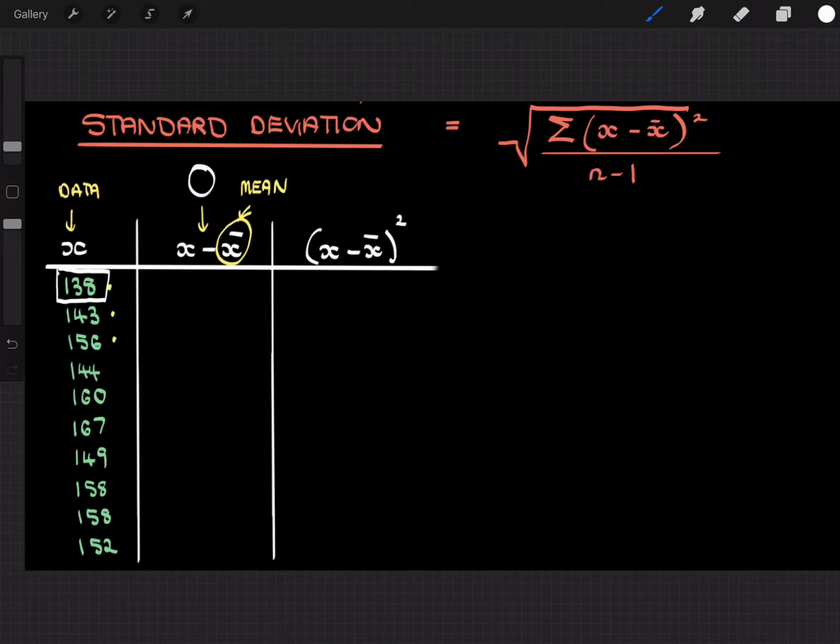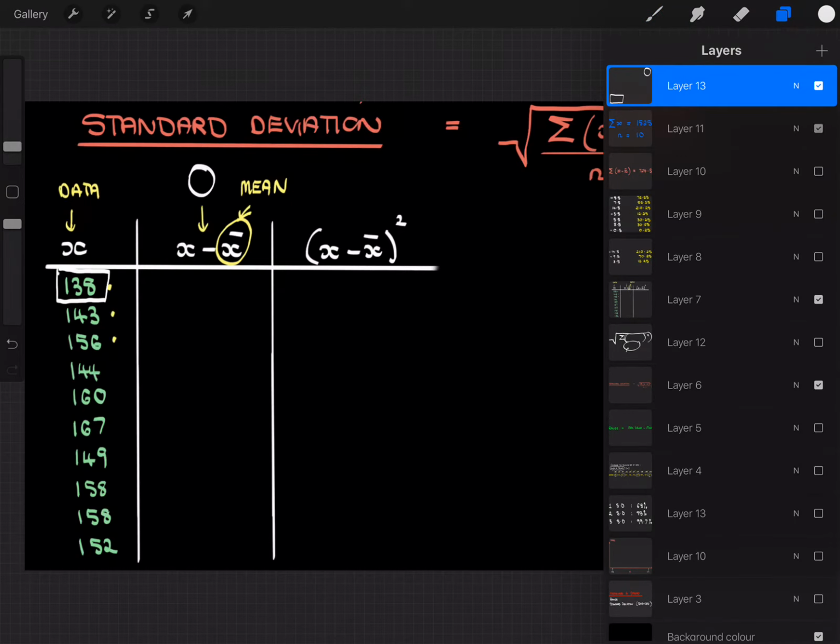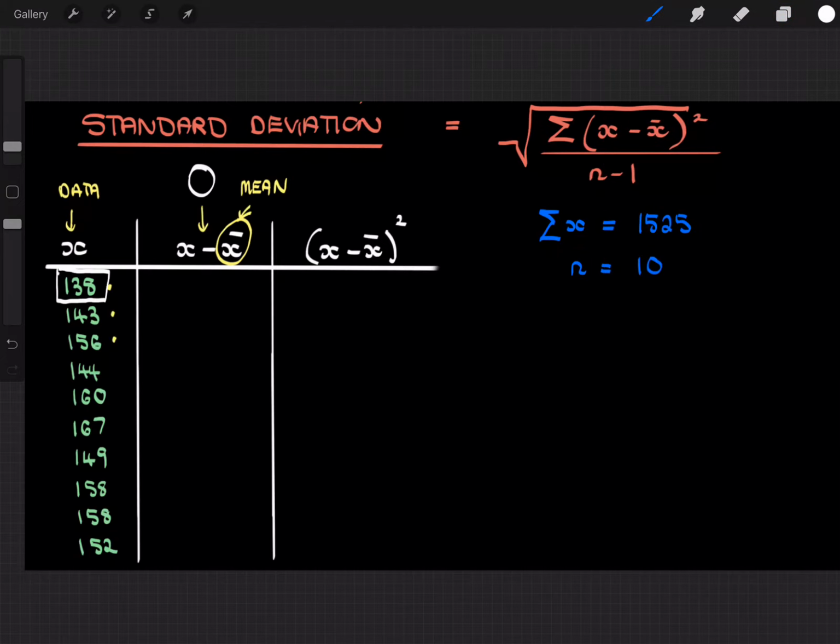Now, we calculated the mean earlier, and do you remember that the sum of all the X values, if we add all the data up, adds up to 1,525, and the number of data points is 10, so therefore the average, or the mean, X dash, will equal 152.5. That's 1525 divided by 10. So that's our average, or our mean.